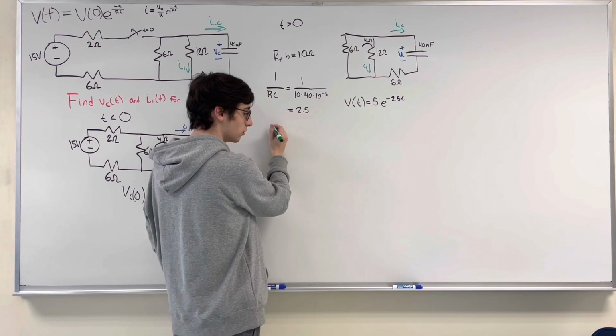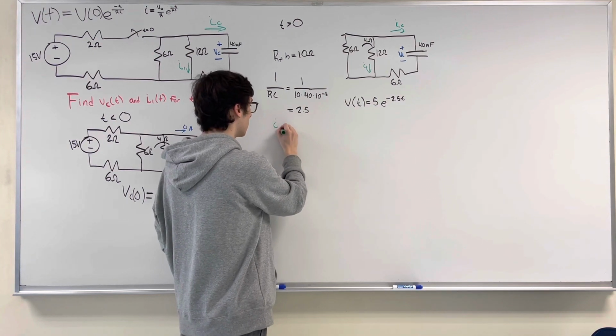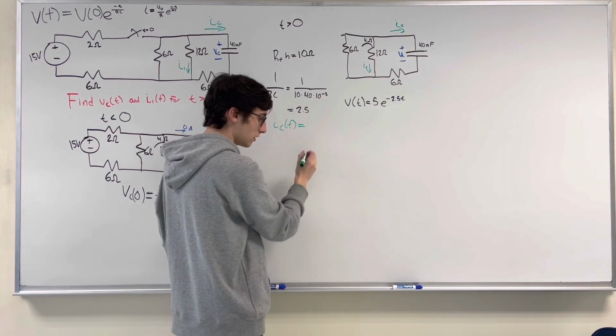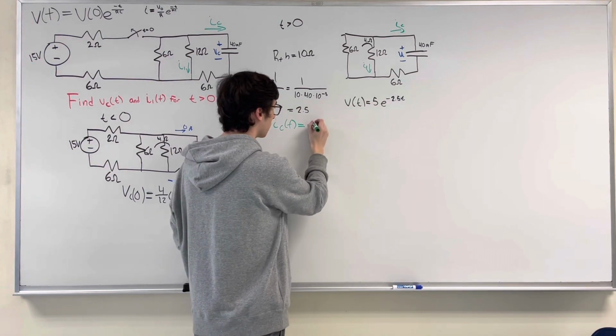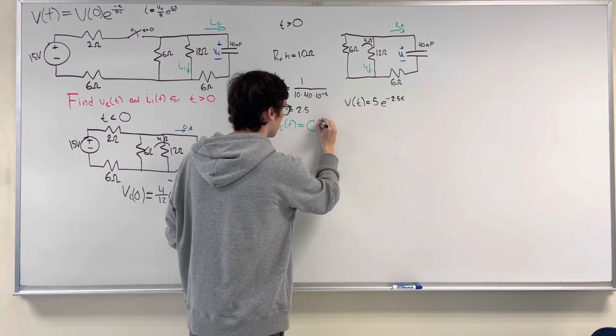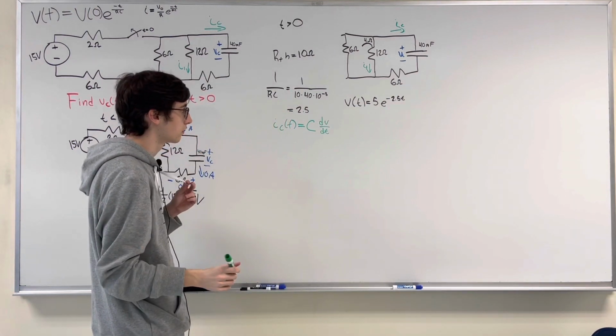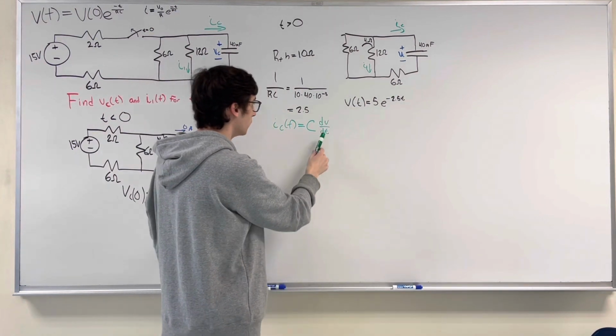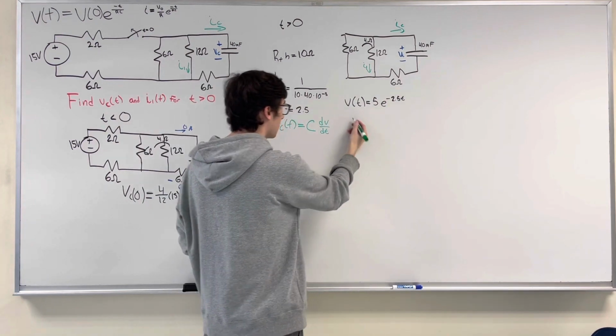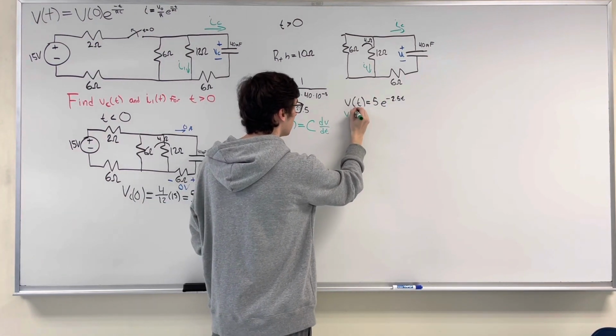So the real equation for finding I C of t is going to be equal to the capacitance of the capacitor times the derivative of the voltage. So I'm just going to compute V prime of t.